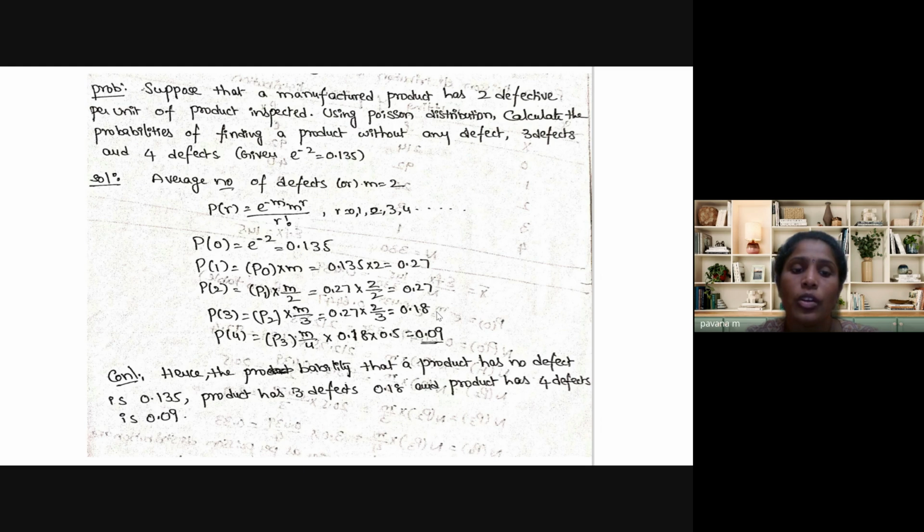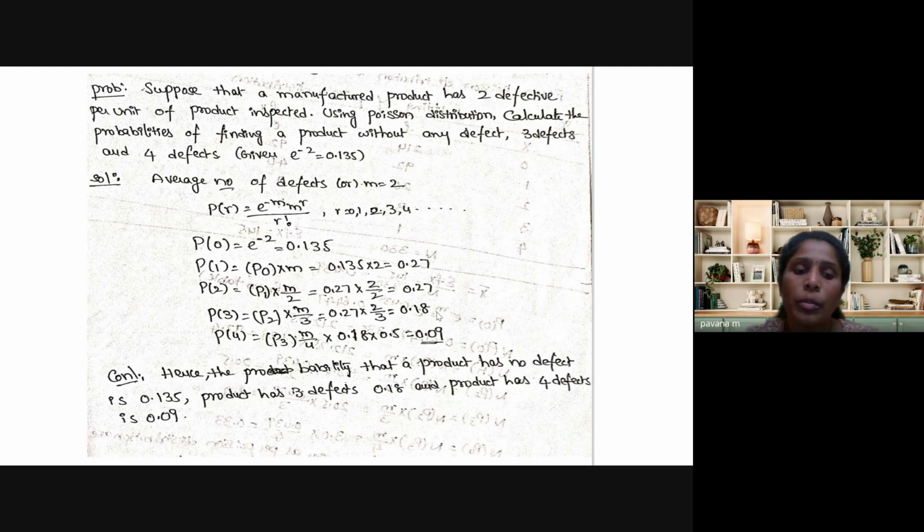P of 0 is equal to e power minus 2 into 2 power 0 by 0 factorial. 0 factorial means 1, and 2 power 0 is also 1. So e power minus 2 is 0.135. So without any defective, the probability is 0.135.